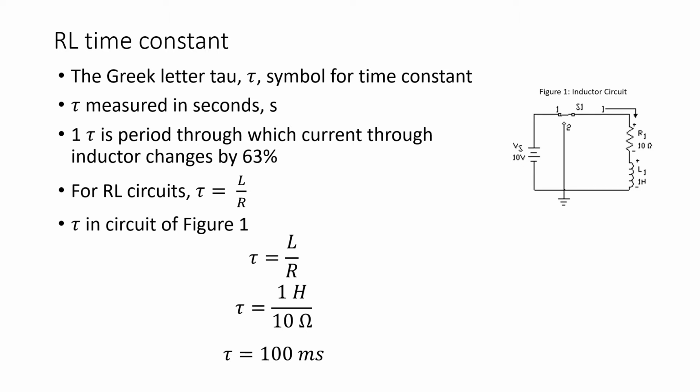For RL circuits, mathematically, tau equals L divided by R. So for the circuit of figure 1, the time constant, tau, equals 1 Henry divided by 10 ohms, which equals 100 milliseconds.